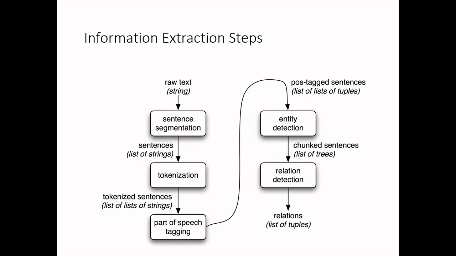Next is, and this is something we did not do earlier, part of speech tagging. That is, each token that has been separated out, you may want to classify that token from a grammatical point of view, whether that token is a noun or a verb or adjective and whatever it is.